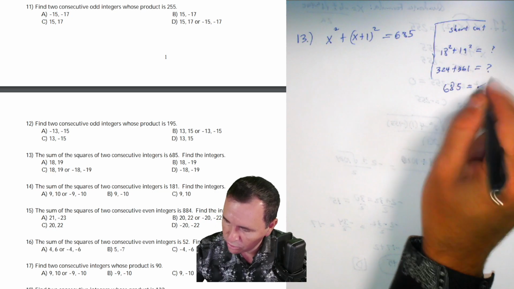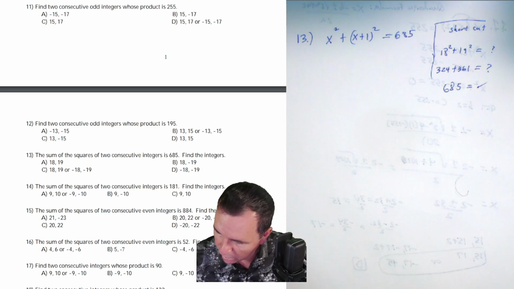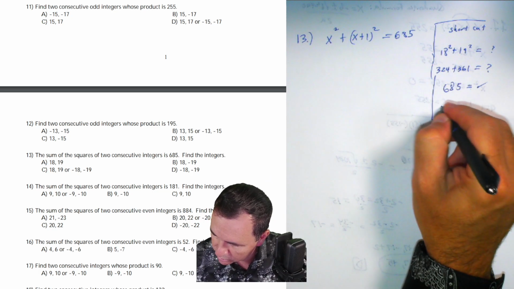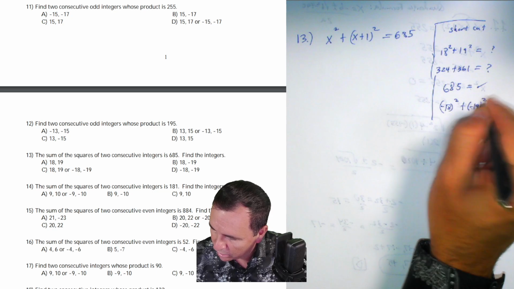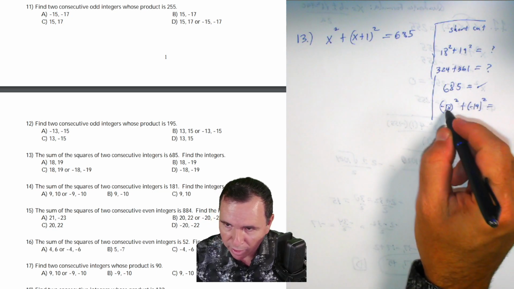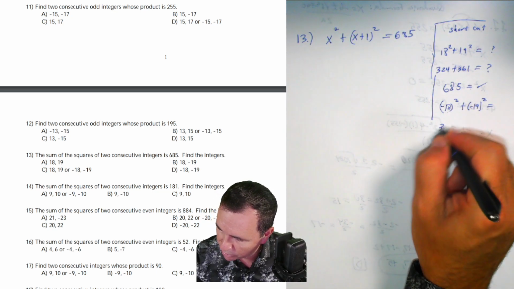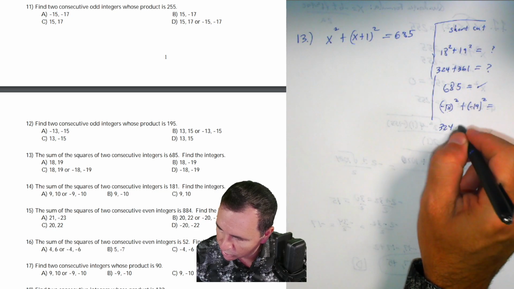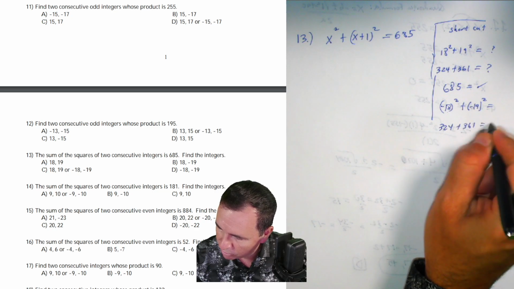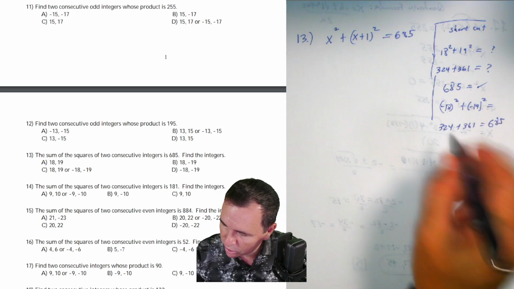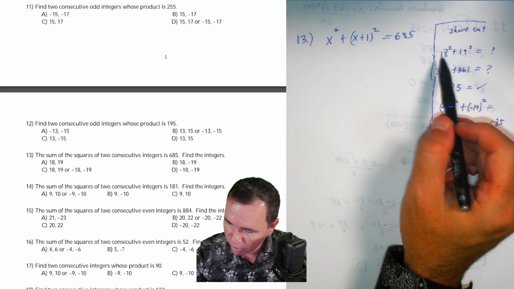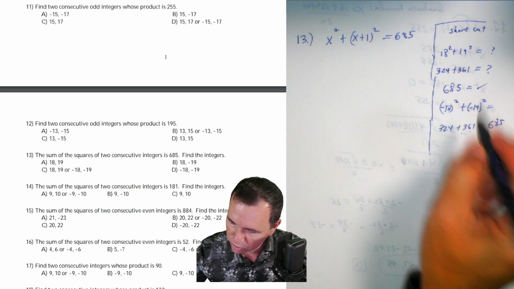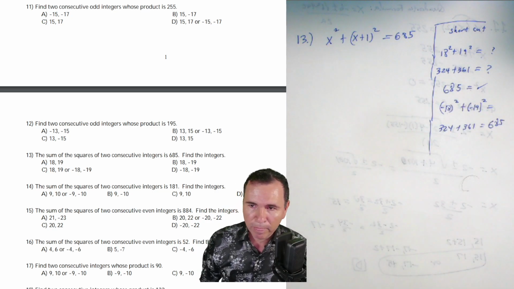So yes, 18 and 19 work, but you know what else works, guys? You're not gonna believe it. The negatives also work, because a negative times a negative also gives me a positive, and it's gonna give me 685. So they both work. So the shortcut is to just take your answer choices and square them and see if they work, and they do work. The two answers are that and that, okay?